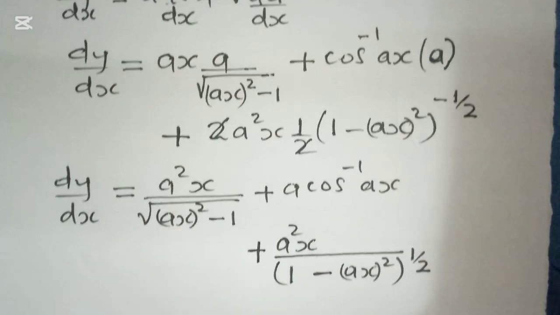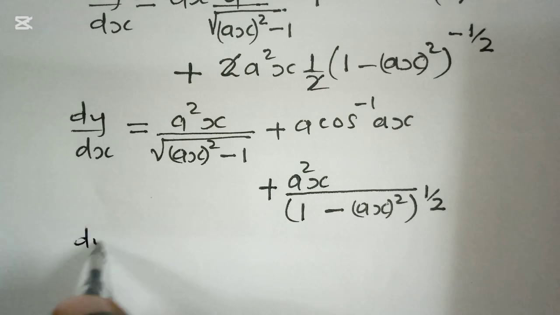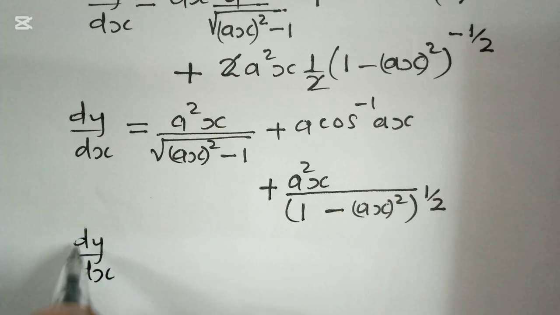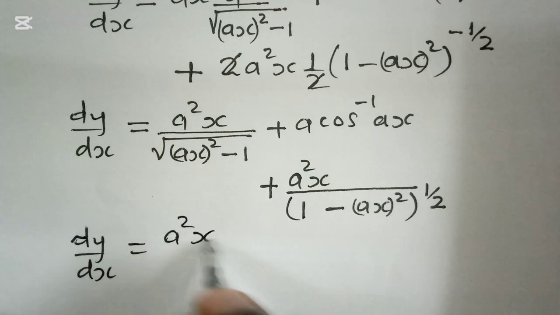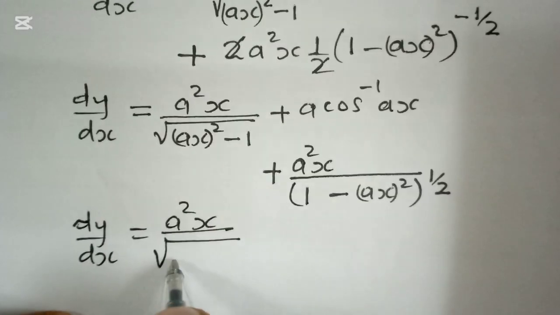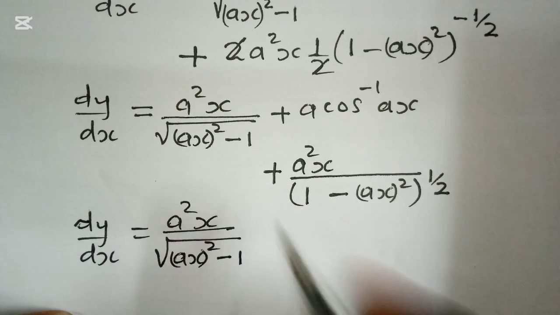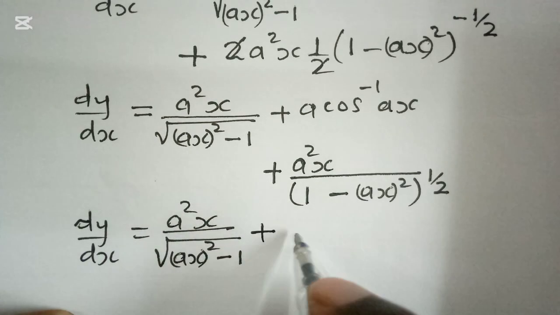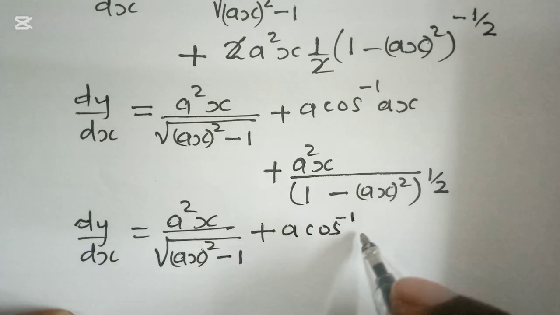So finally, we are going to have something like this. We shall have dy dx is equal to a squared x all over square root of ax squared minus 1 plus a cos inverse ax.